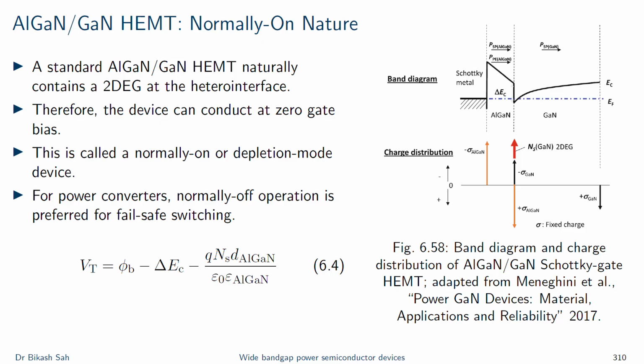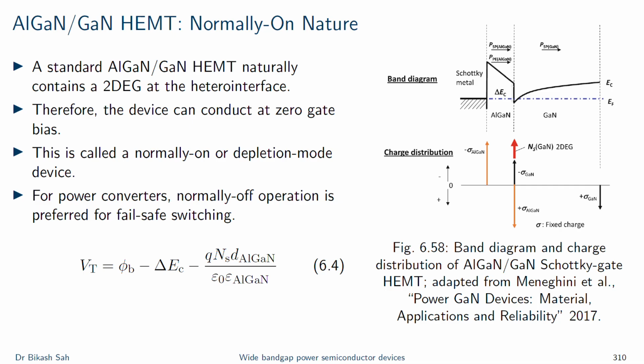But for power converters, it is a serious safety problem. You could imagine a half bridge connected to a DC bus. If the gate driver loses power and the device naturally remains conductive, then shoot-through or uncontrolled current can occur.